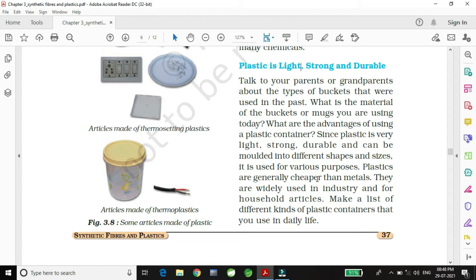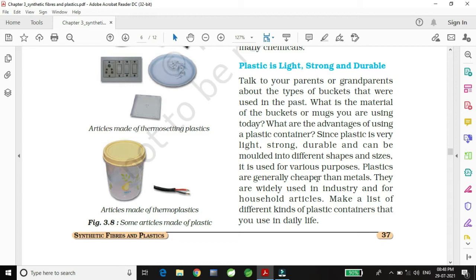If you go to a village or rural area, mostly you can see they use a bucket with an iron or metal body, although nowadays they are not using it as much.